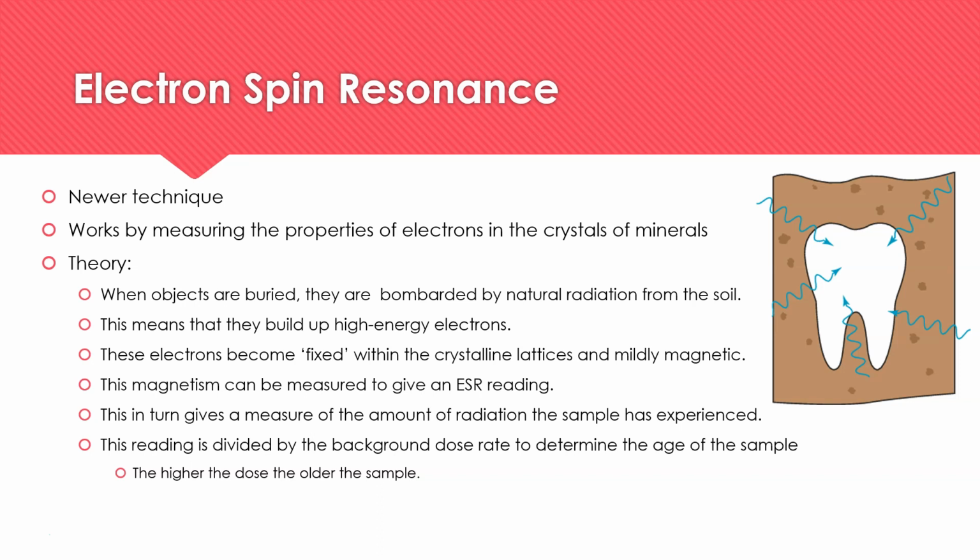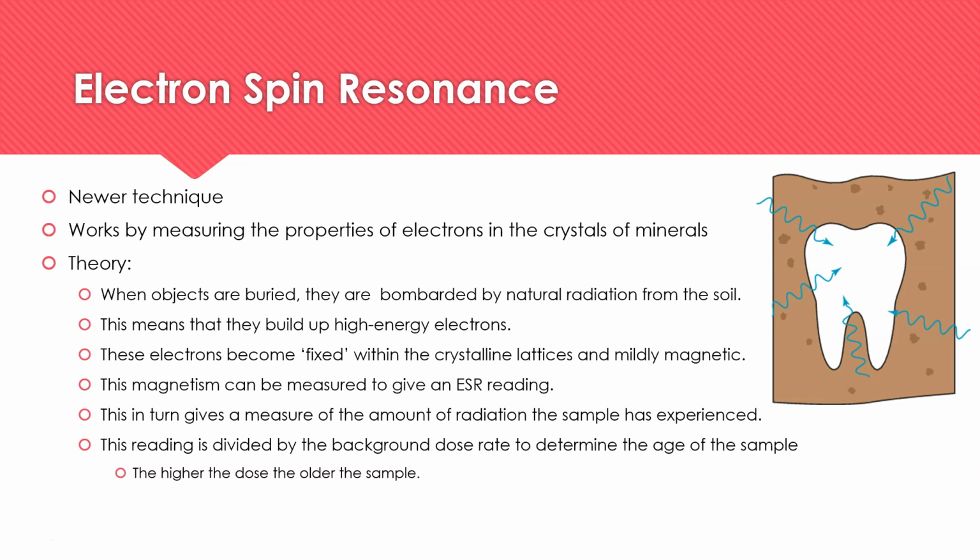Those electrons kind of become fixed within these crystalline lattices and they're slightly magnetic. Now, this magnetism can actually be measured to give what we call an ESR reading, so electron spin resonance reading. Once you've taken that, it gives a measure of how much radiation it's experienced. And obviously, the longer that sample is in the soil, the longer it's had to be bombarded, the higher you would expect that reading to be.